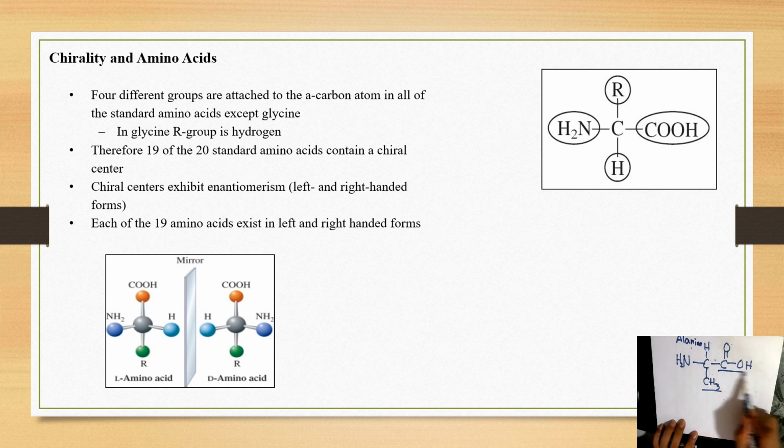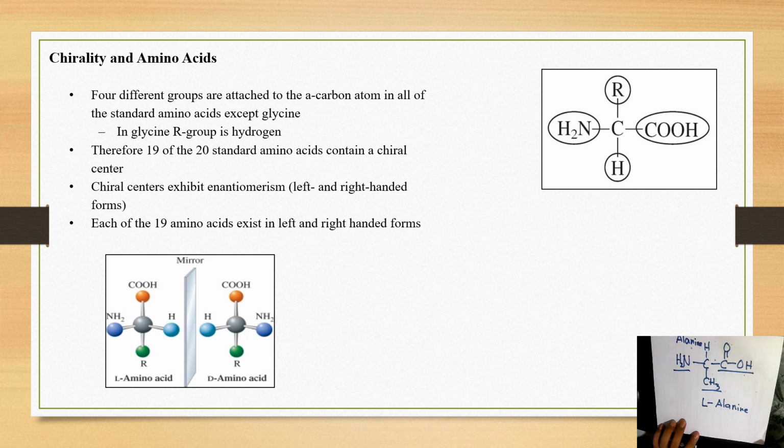It has a carboxyl group and it has an amino group at the left side of the alpha carbon. Since the amino group is at the left side of the alpha carbon, this is designated as L-alanine.